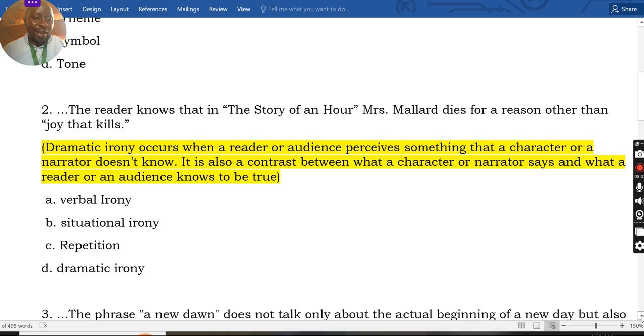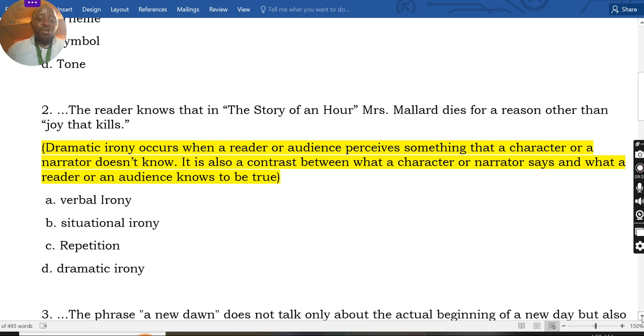Number 2 says that the reader knows that in the story, Mrs. Mallard dies for a reason other than joy that kills. Okay, dear student, before we look at the alternatives, let me remind you what dramatic irony is, or let me remind you about irony.